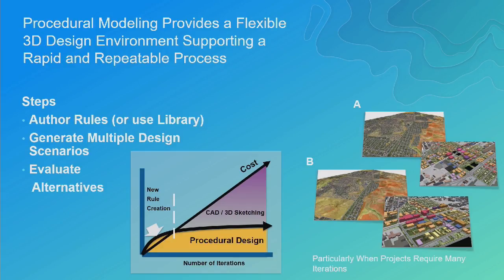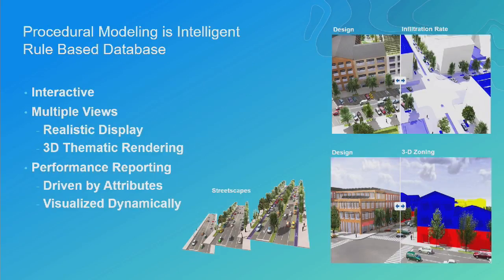But in the design space, when you're trying to create a proposed building, it allows you to create more buildings faster, more scenarios faster, so that you can do more alternatives and try and get to a better alternative more quickly. Now, of course, you have to write the rule that you're going to use. That takes a little bit of time. It actually takes a little bit more time than hand modeling a building. But once you have that rule done, you can reuse it many times to speed things up.